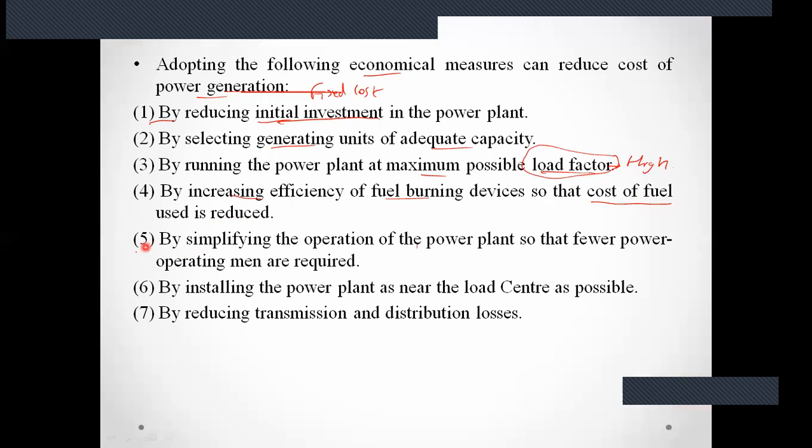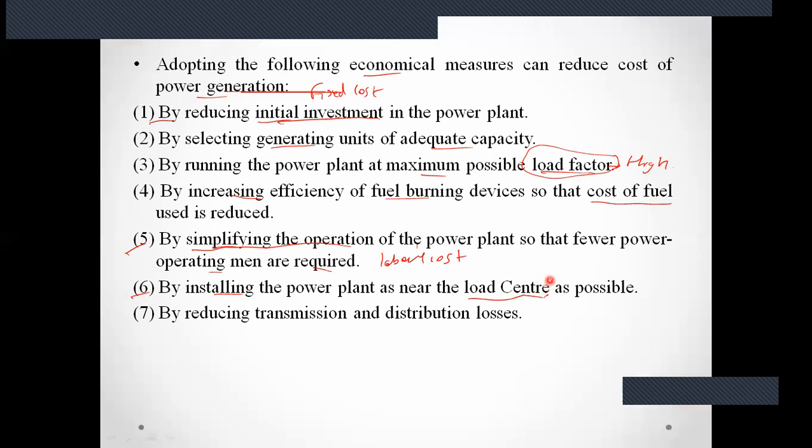Fifth, by simplifying the operation of the power plant, fewer operating men will be required, so we can reduce the labor cost also. The operation should be very simple so that the laborers can easily operate. Sixth, installing the power plant near the load center.